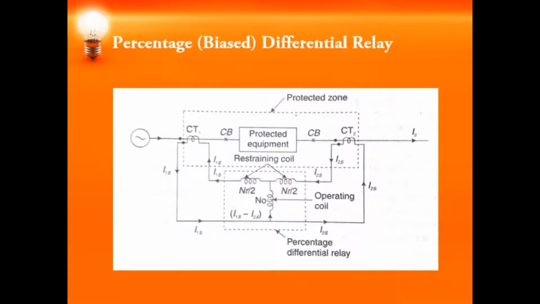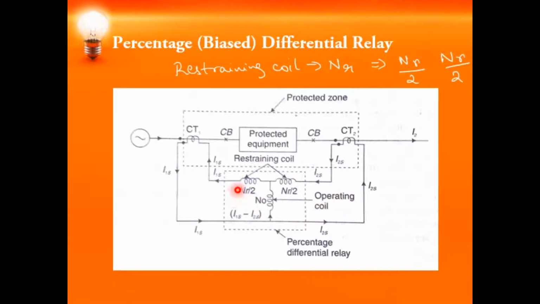The restraining coil has the number of turns equal to NR. This NR is split into two, NR by 2 and NR by 2, and in between these two, the operating coil is connected across the pilot wires. So this is the overall schematic of your percentage differential relay.